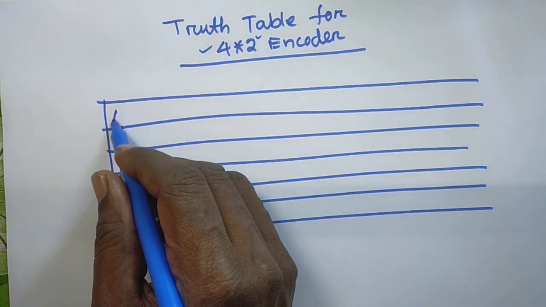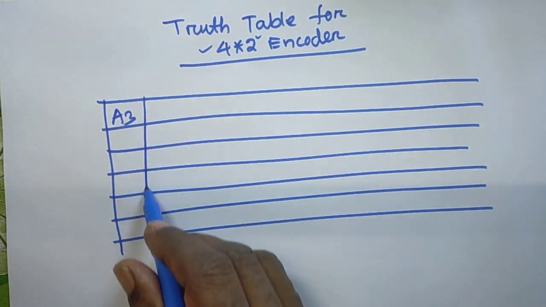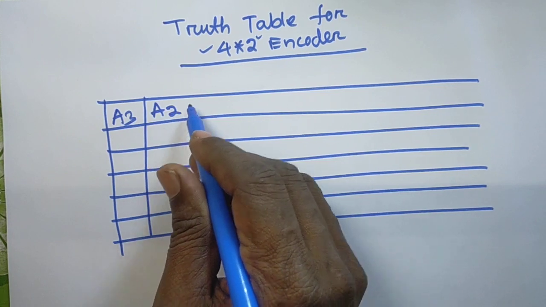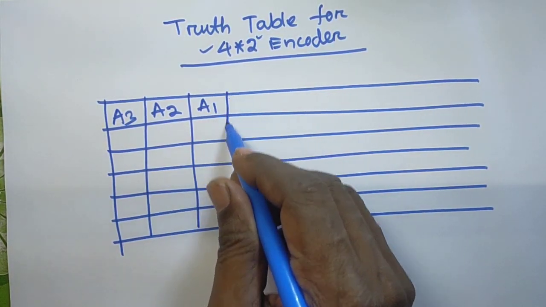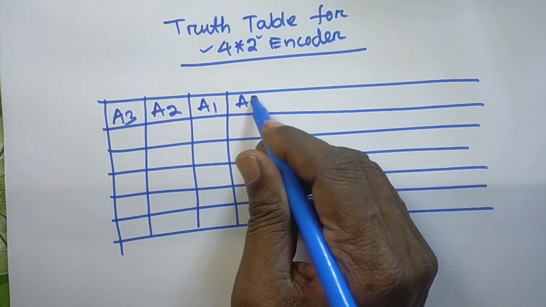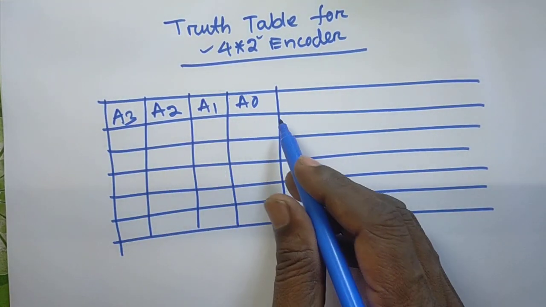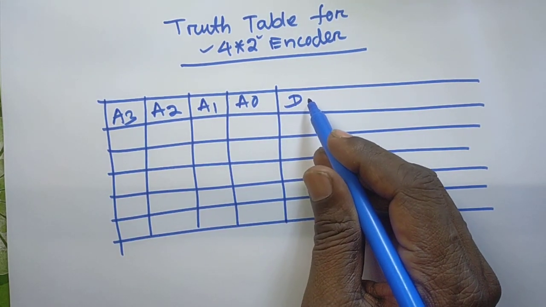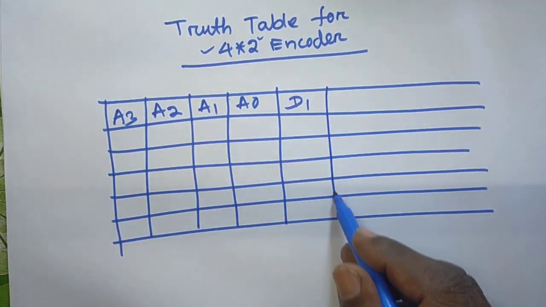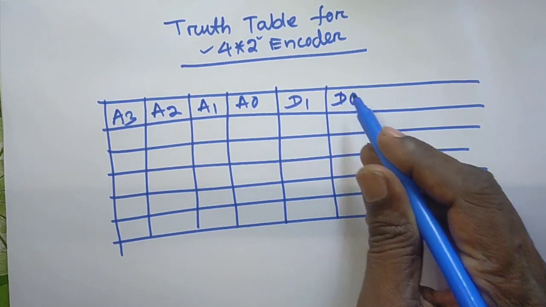First one is A3, here A2, here A1, here A0. 4 inputs we will consider. Similarly, the outputs will be D1 and D0.